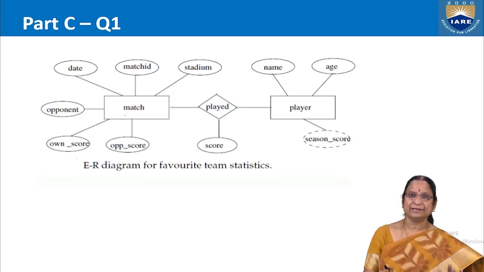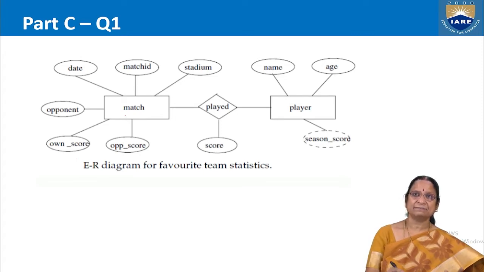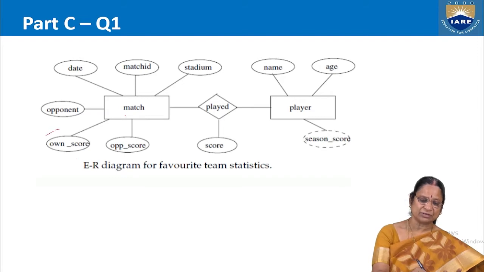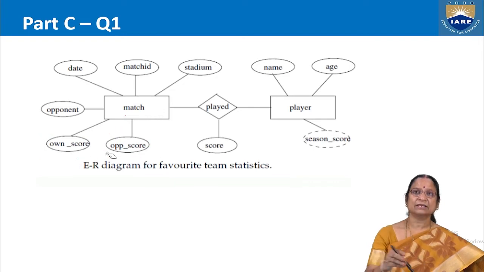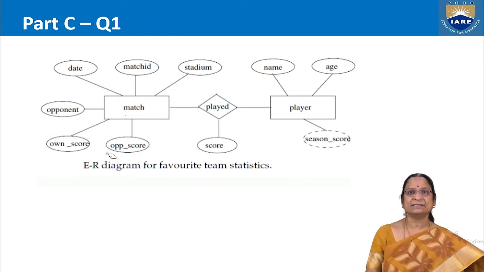So this is the solution: 2 entity sets connected with a relationship set, and the attribute season score. Similarly, sometimes own score and opponent score also can be considered as derived attributes here, if the scores are going to be considered as a combination or a sum of the scores done by the respective team players actually.